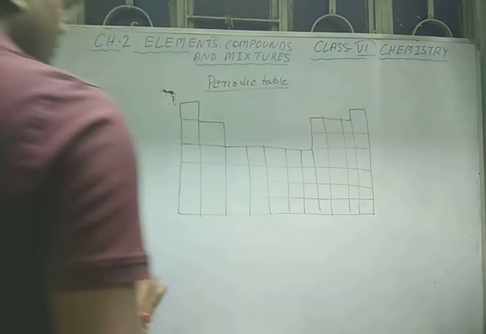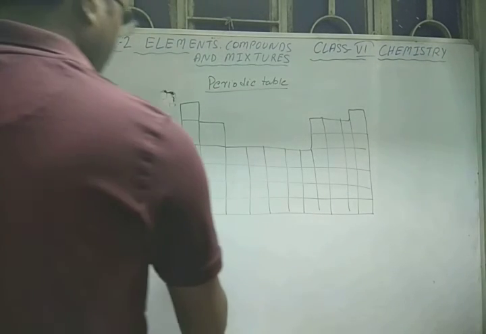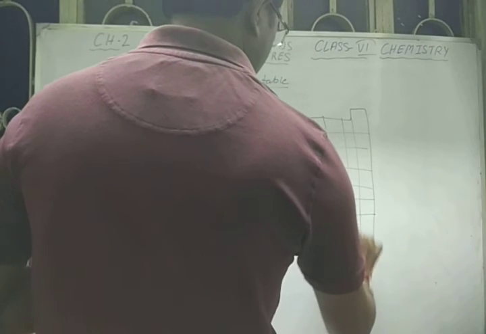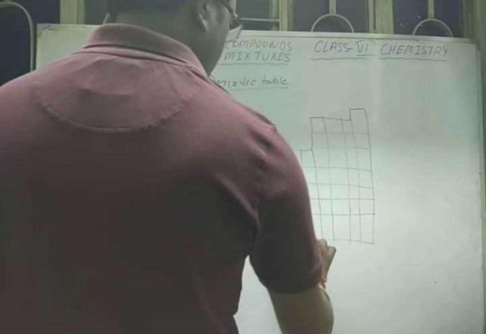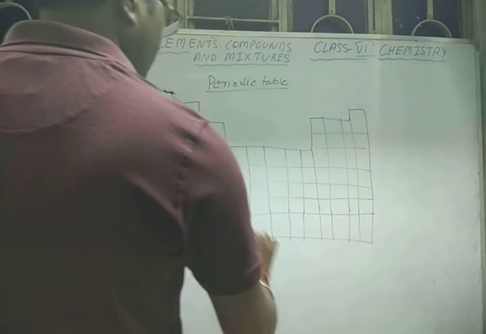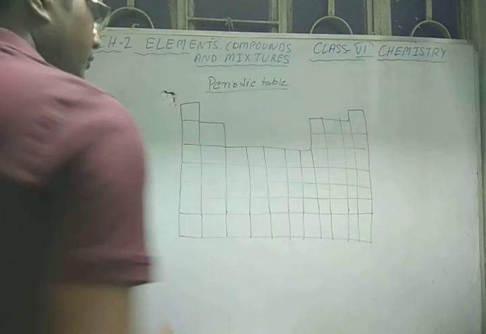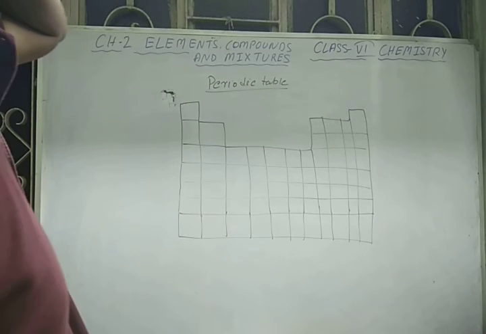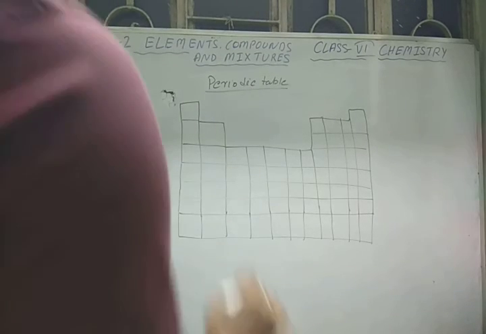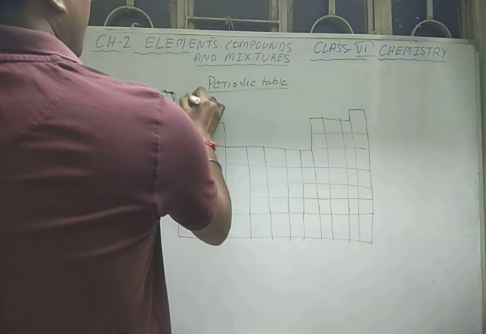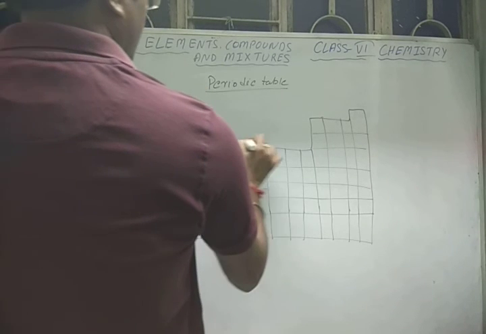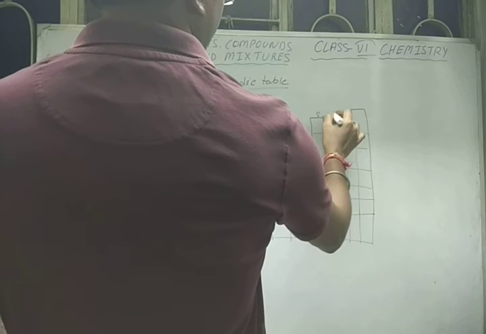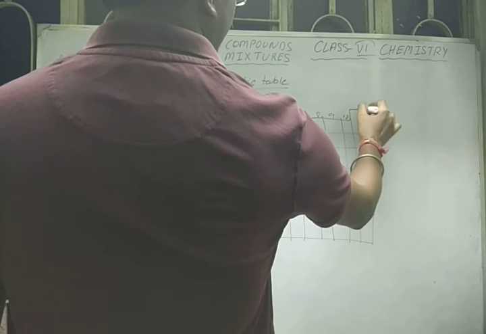So in this way we can see here, there are 18. I have not drawn the complete chart here. I have just given some idea. It is 1, 2, 3, 4, 5, 6, 7, 8, 9, 10, like this up to 18.